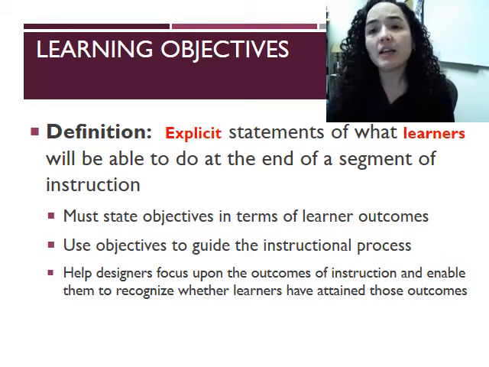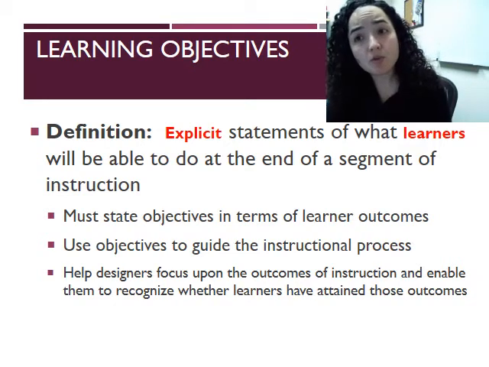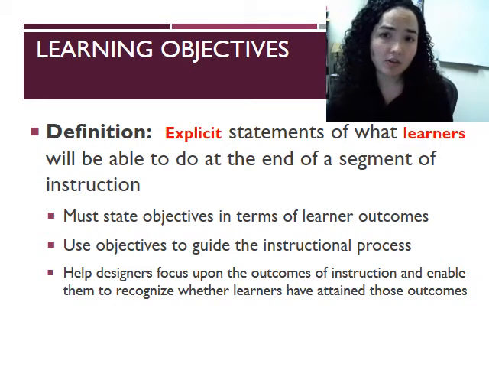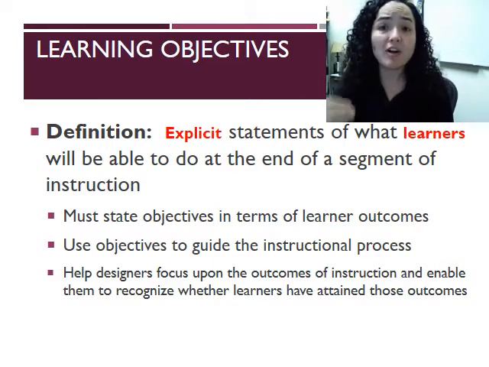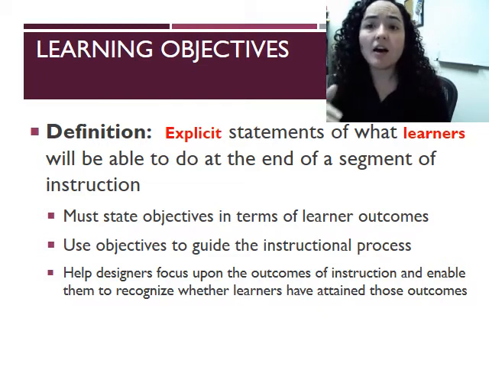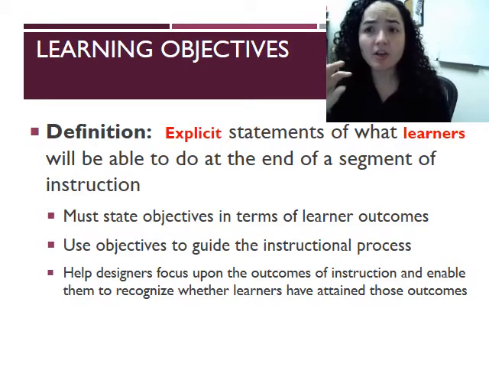And if we look at a definition of an objective, it can be defined as an explicit statement of what learners will be able to do at the end of a segment of instruction. There is an art form to writing good objectives, and it is a small statement of where you want to go in order to get to that larger goal.